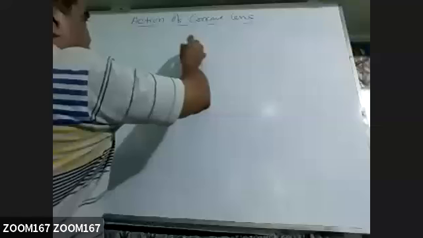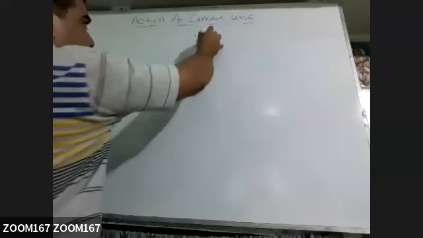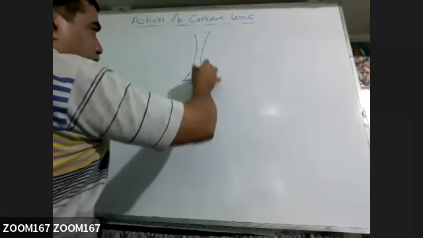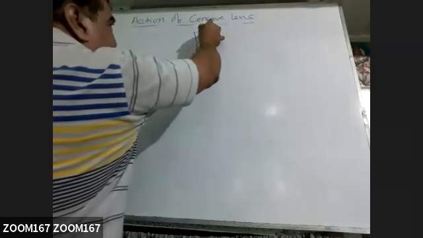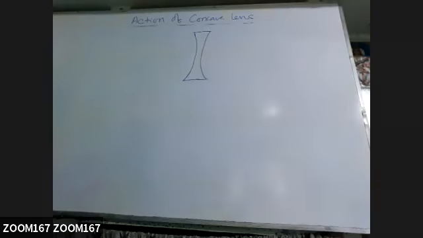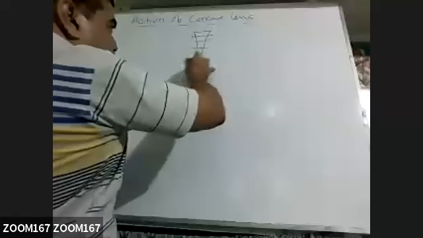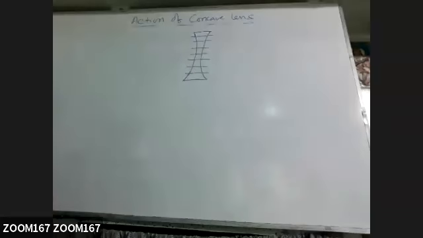Now, concave lens. So if we divide this concave lens into a large number of parts, now what is happening?